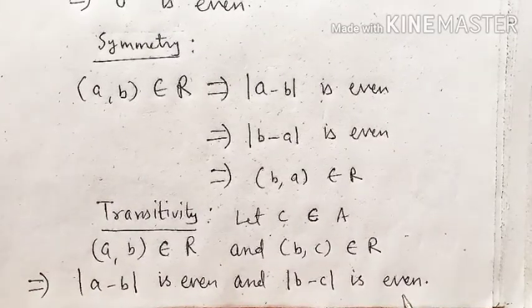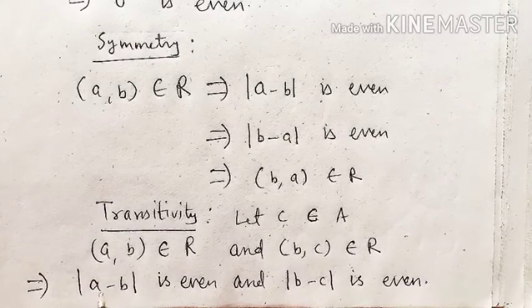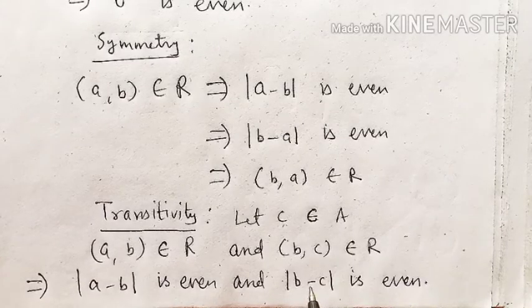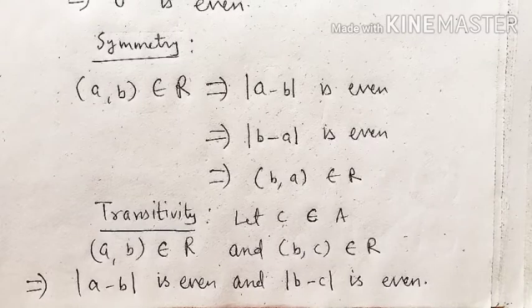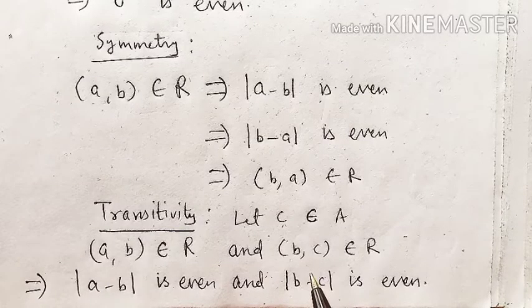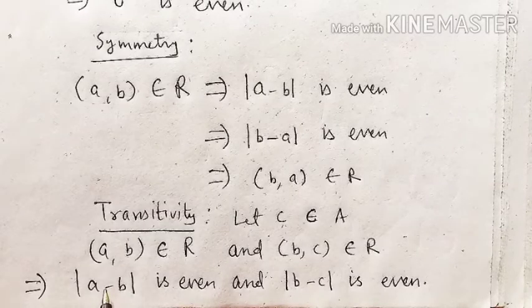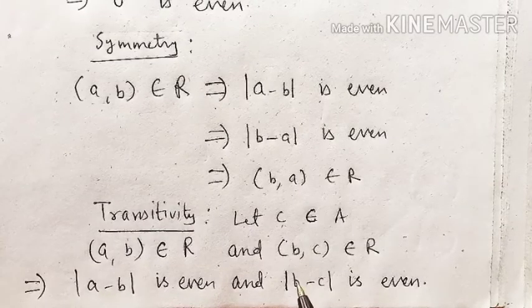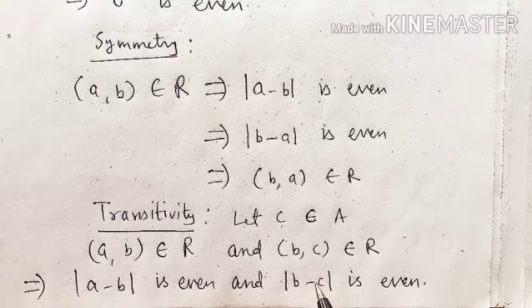Then can we say that a minus b plus b minus c within modulus is even? Yes. Suppose here we have 2, here we have minus 4, then 2 plus minus 4 means minus 2, which is even. So that property can be applied.